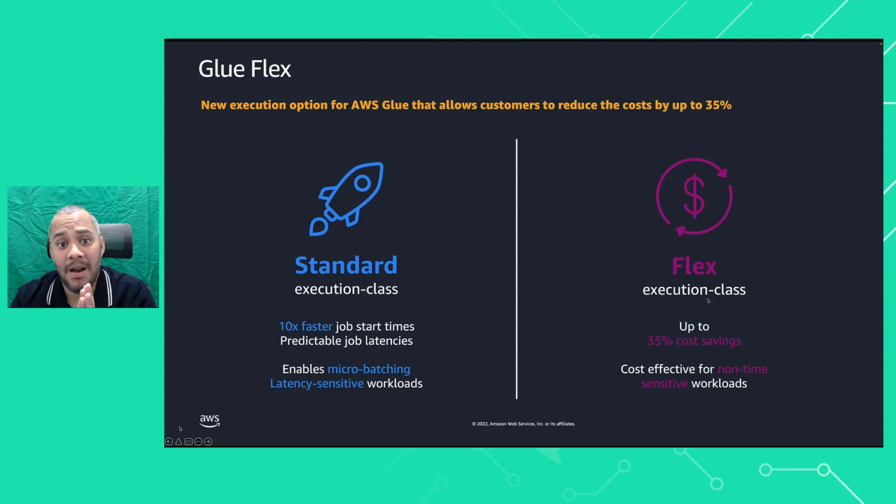So this is an amazing fit for testing, for development, or for those jobs that you don't care if you have to retry them. If you use this new option, you're going to be able to reduce the cost up to 35%. Again, if you are developing jobs and you want to test them, this is a very good option for you.